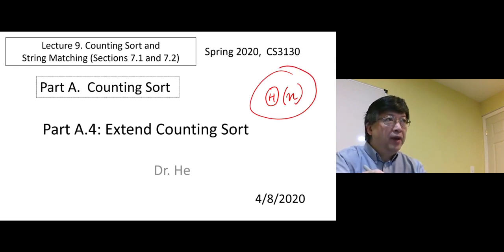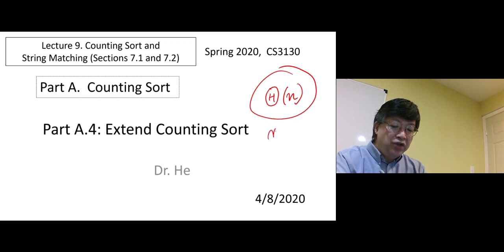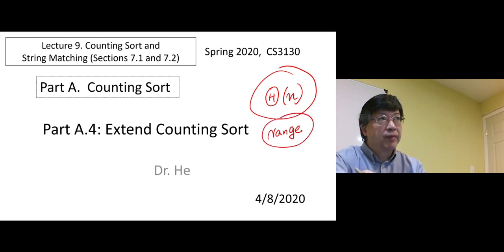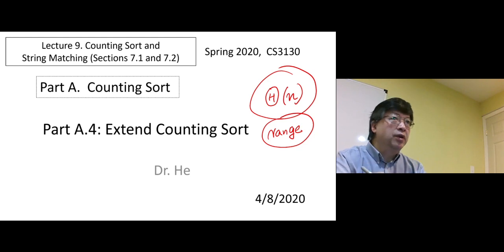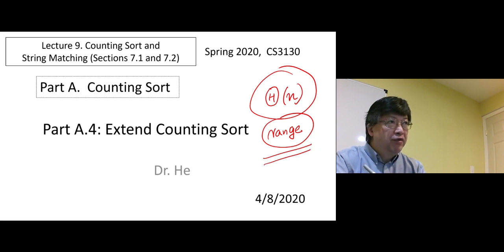The bad thing is the range is highly restricted. This is really bad. If we always have this condition, then the counting sort may not be very useful in the real world situation. So for that reason, we want to find a better solution.